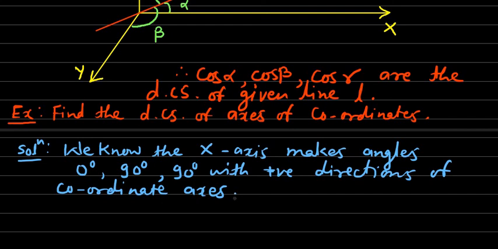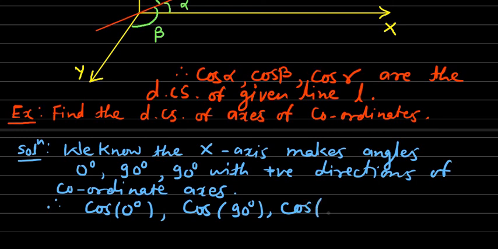Therefore cosine of 0 degree, then cosine of 90 degree, and again for the last angle, cosine of 90 degree.